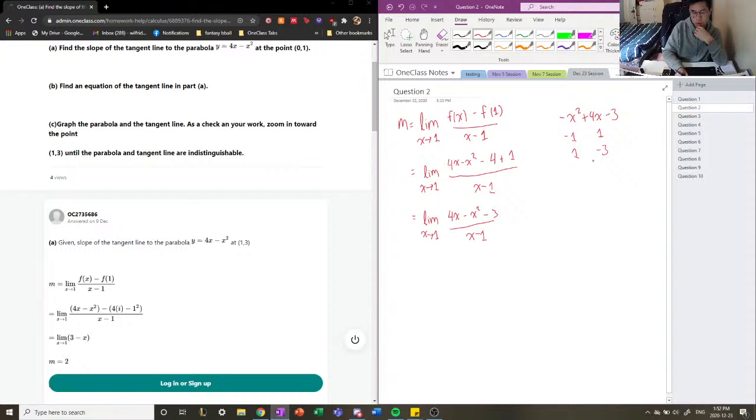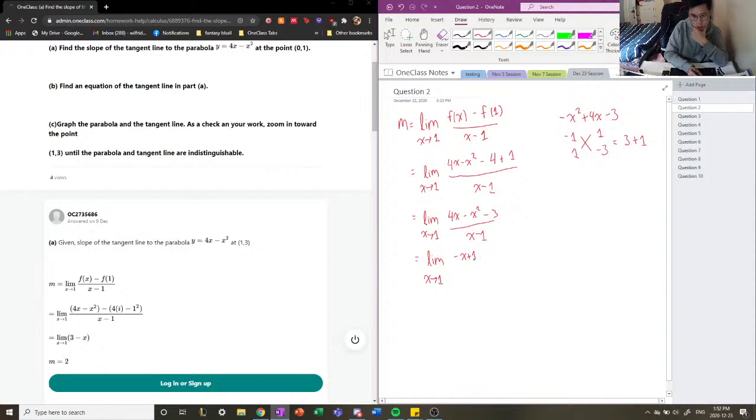Cross multiplying, we get 3 plus 1, which is 4, so we have our factors here. Let me just check to make sure this is correct. Yes, this is correct.